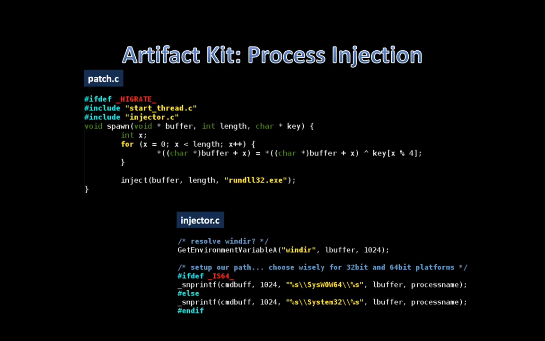One thing I did want to bring up related to the artifact kit is a little something about process injection. I very much recommend that you download the artifact kit and update patch.c, and if you need to, injector.c to get rid of rundll32. The artifact kit does migrate to rundll32 when it has to do process migration, and I'm absolutely certain you don't want that.